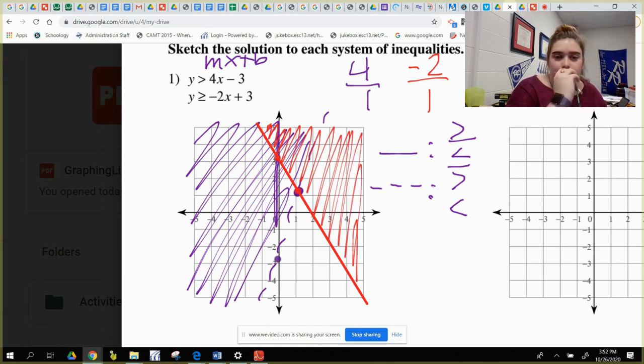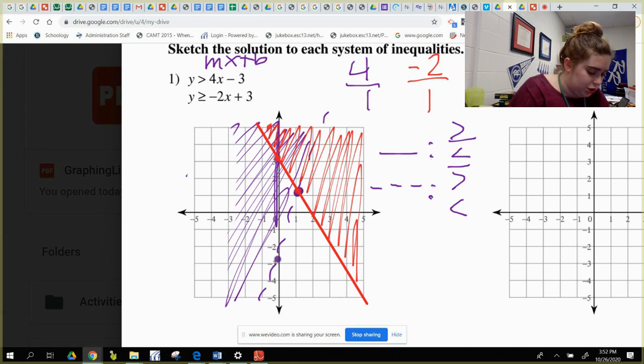So since we have graphed two inequalities, we're going to look at where those shadings overlap, okay? So if you look over here on this side, I'm going to erase this part because we only have one color shaded there. We're looking for where we have both colors shaded, okay? Same thing with right here.